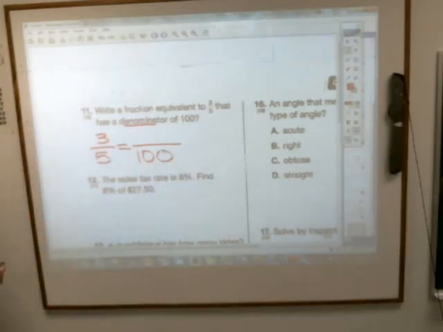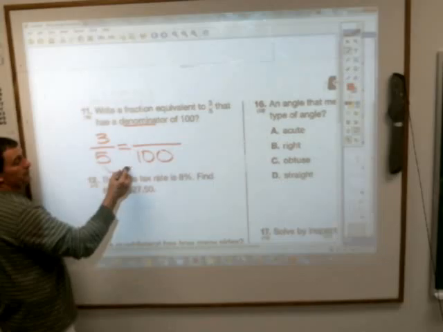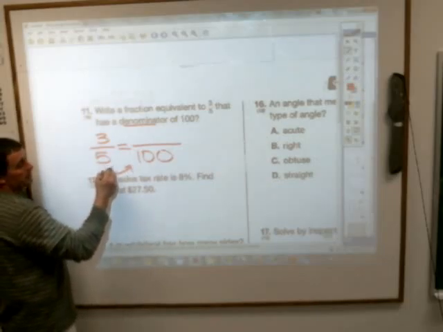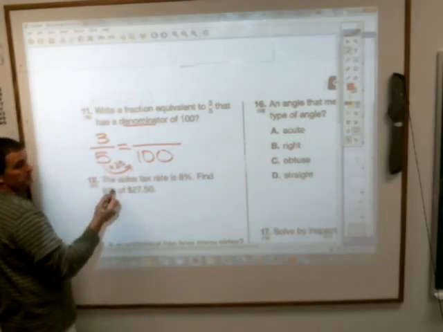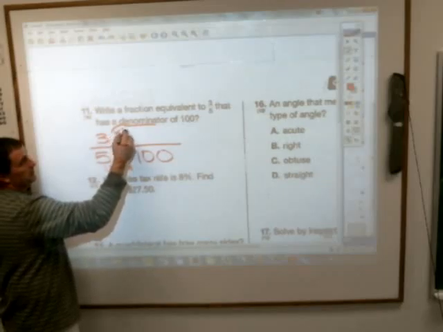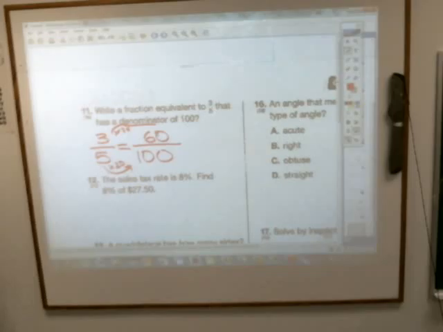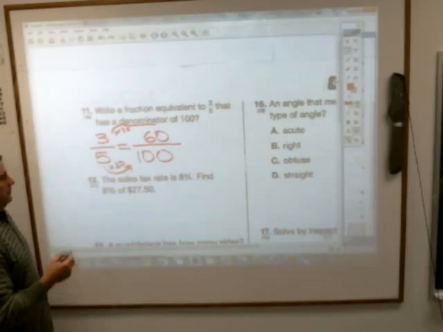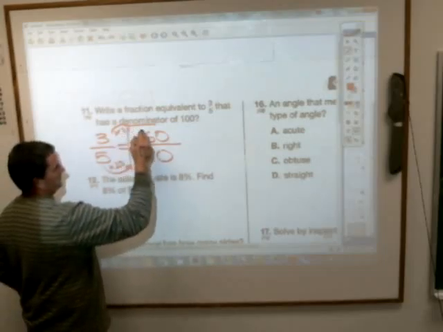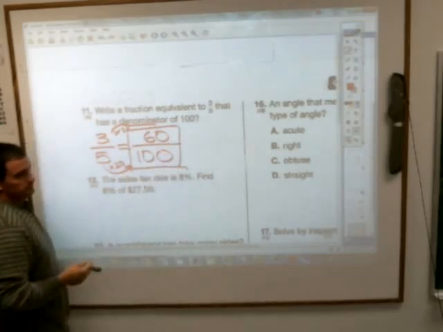So then I just say, okay, how do I go from 5 to 100? Multiply by 20. 5 times 20, so 3 times 20 is 60. So 60 over 100. You don't reduce it because they asked you to, they wanted the fraction that was 100. So if you reduce it, you're going to end up with 3/5, but that's not what they really asked you for.